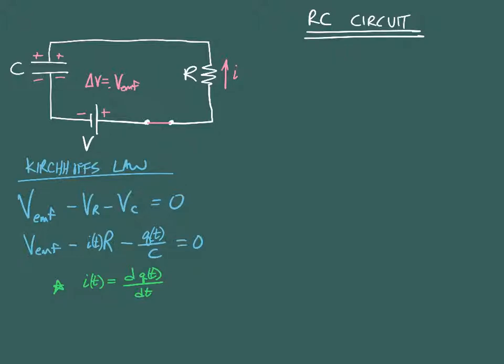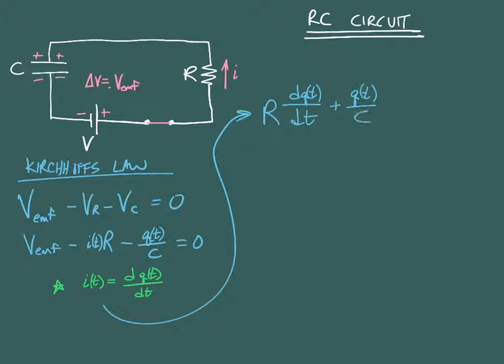All right. So this means that we can rewrite all of this as R dQ(t)/dt plus Q(t) per C equals that voltage, that EMF that's applied by the battery.